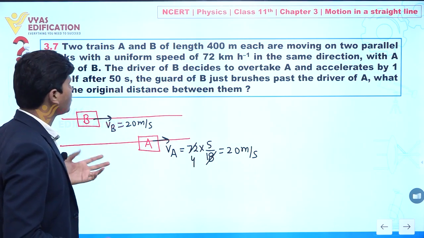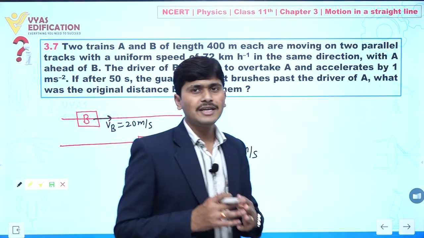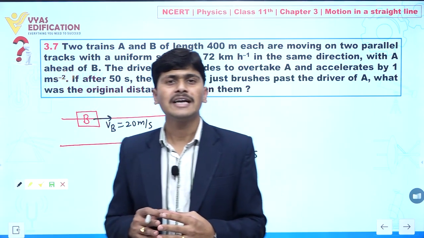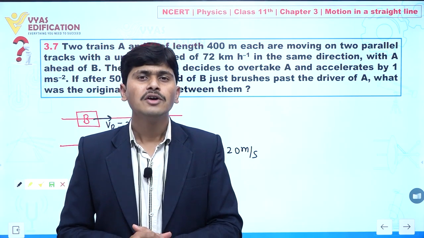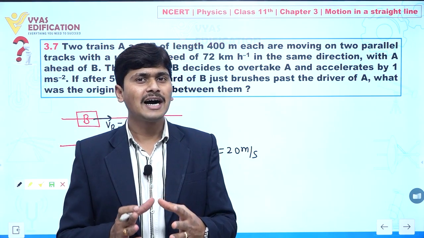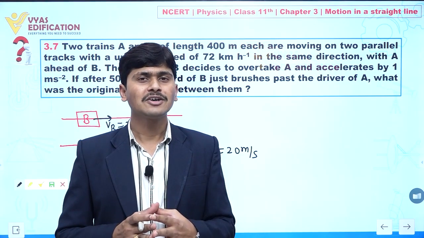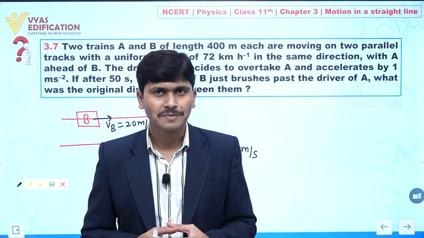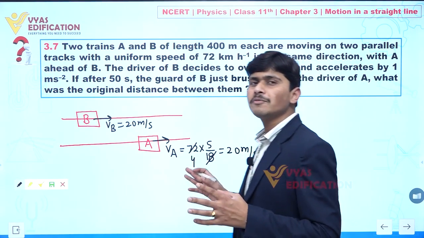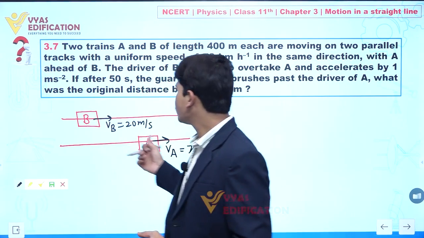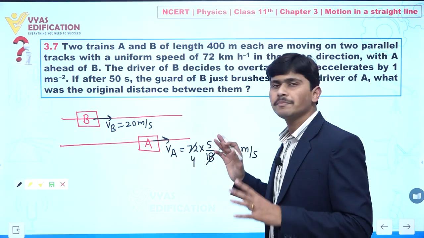So what is the original distance between them? Now in this question we can apply the concept of relative motion. Whenever two objects are in motion, we can apply the concept of relative motion. We have two trains, both moving in the same direction with a velocity of 20 meter per second.